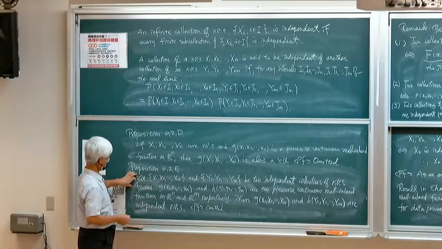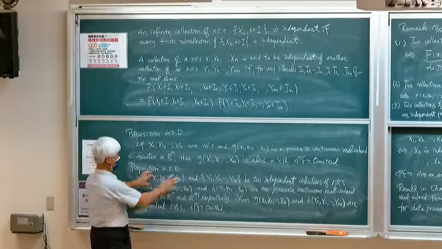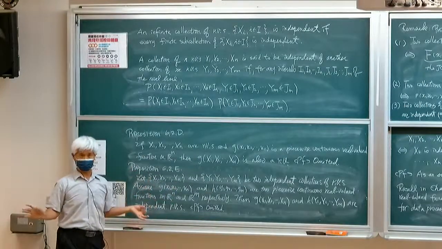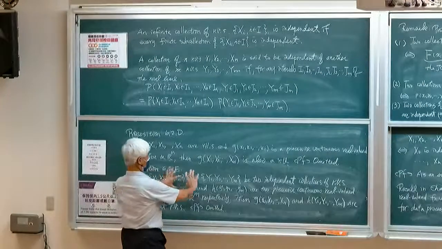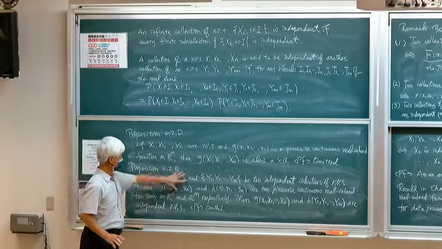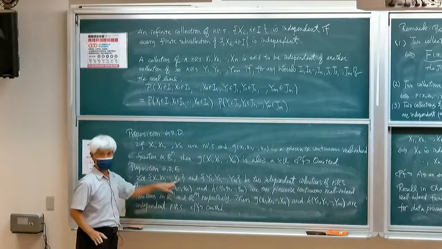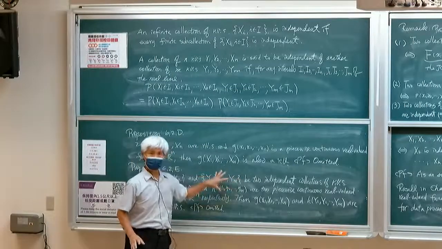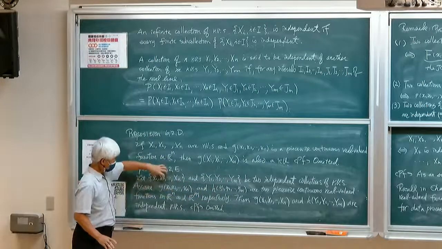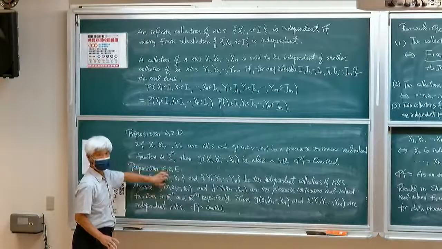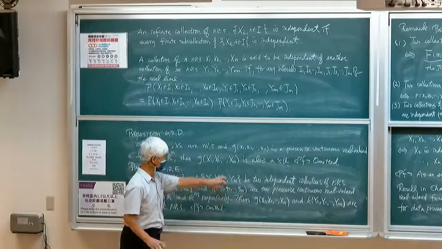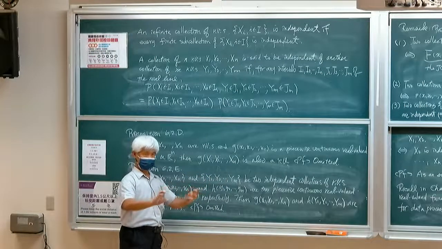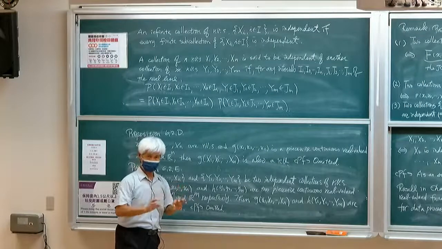And the last proposition gives you that if the original data form two groups of independent random variables, so you have two independent groups, inside one group they may be dependent on each other, but as a group, this group is independent of the other group, then after the data processing on the first group and after another data processing on the second group, the results will be statistically independent.